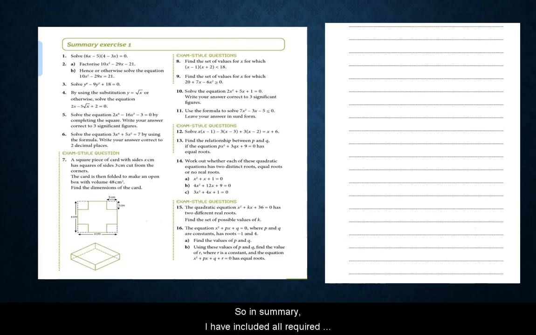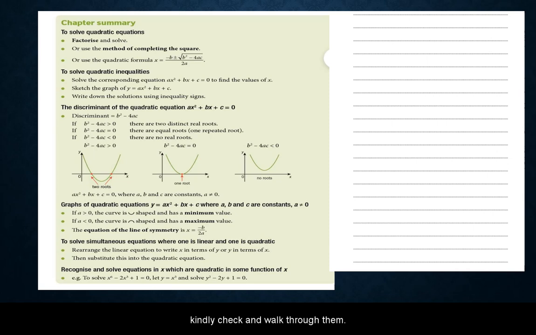So in summary, I have included all required exam style questions for Cambridge AS and A-level mathematics, and all these questions are tested in the exams for Cambridge, IGCSE, Pearson and Edexcel. Kindly check and walk through them.